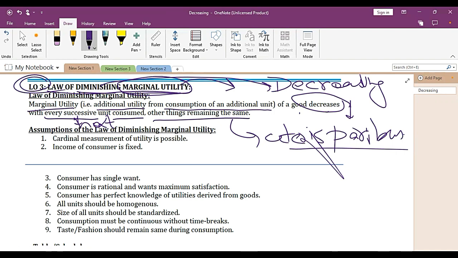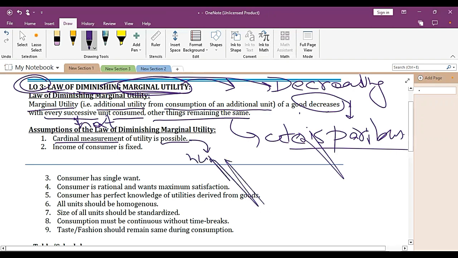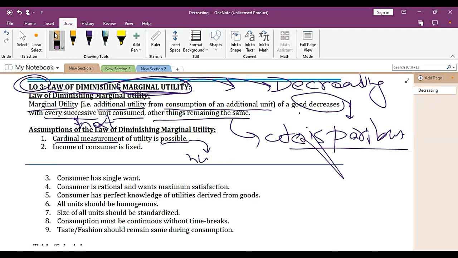There are some assumptions of this rule. First is that ordinal measurement of utility is possible. We have already studied this. If you want to study this theory, I'm also placing an I icon on this video, so you can click on it and learn first what is ordinal measurement. Ordinal measurement states that utility can be measured in terms of numeric values.